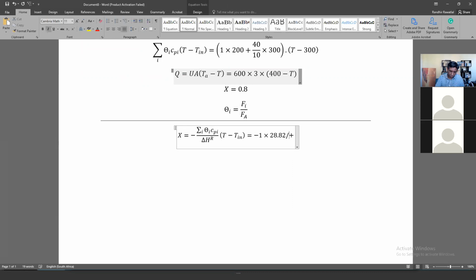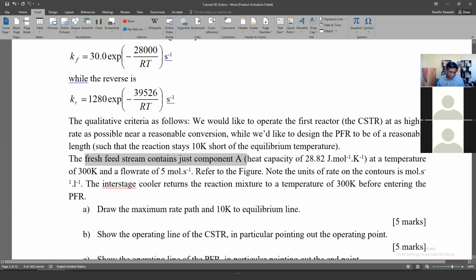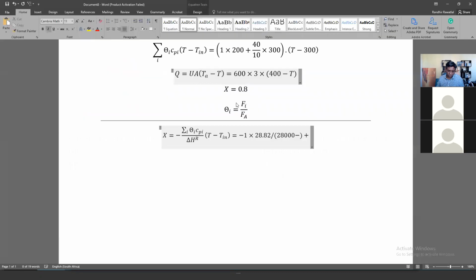So the heat of reaction, we said, is 28,000 minus 39526. We don't really need that one there. And then we can work this out.